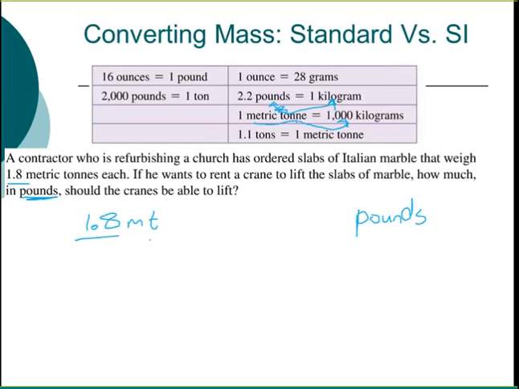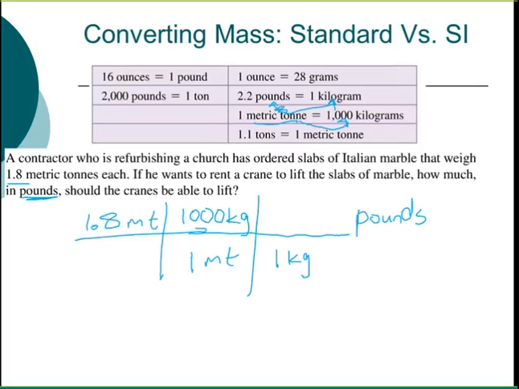So what that means is I want to multiply by 1,000 kilograms, and that will make my 1 metric ton cancel. And then I can get my kilograms to cancel if I put the kilogram on the bottom, and that gives me 2.2 pounds. And notice now that's it.